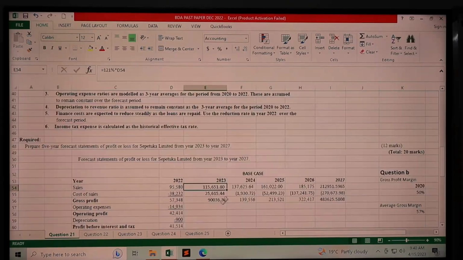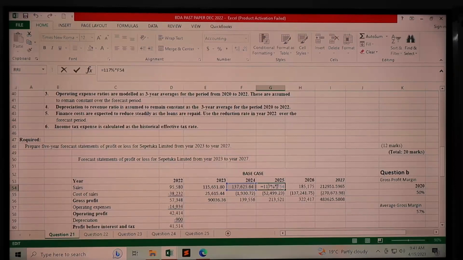So it simply means you're supposed to compute this one by reducing the amount. 21% you reduce by 2, it will give you 19. So for this one, you'll compute 19% of what? Of 2023 to give you that. Then again, you compute for 2025, 19 now less 2 to give you 17%.